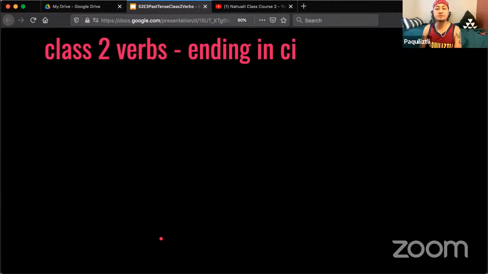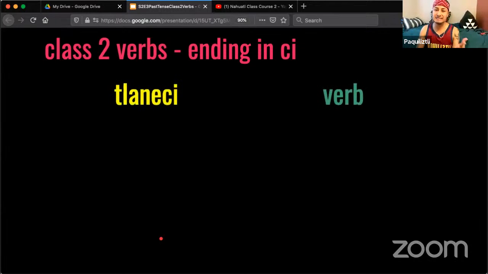Okay, verbs ending in CI. If you remember from our class, CI means that you pronounce it like an S. So these are verbs that end in C. Okay, so tlanesi, in Spanish it would be equivalent to amanecer. In English there's not such a good word, but the translation would be like for day to break. But basically, tlanesi is amanecer.